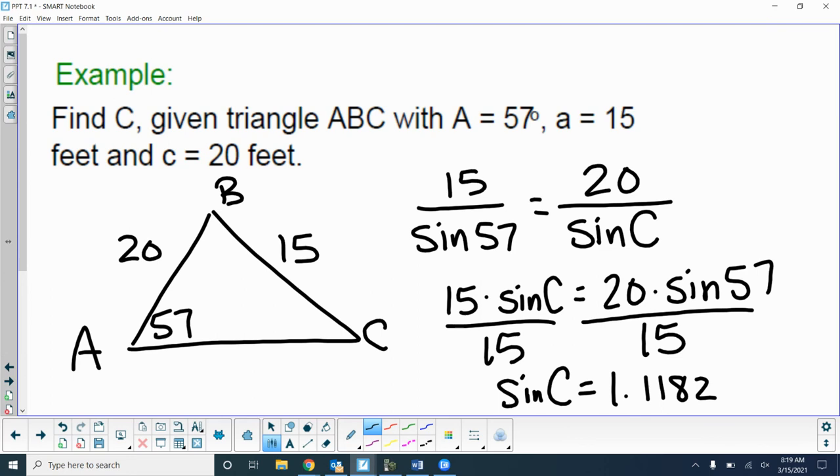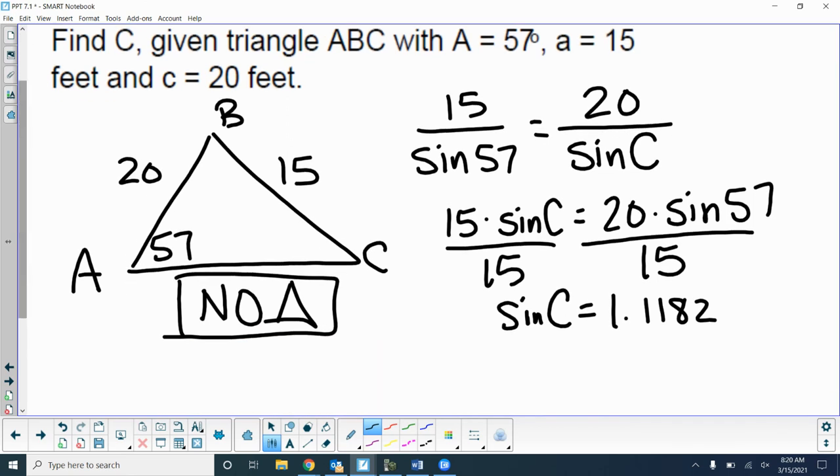These three sides won't meet. So no triangle. That'll happen sometimes. And the trick is, if you get the sine of some angle is over 1, it's not going to work. It won't be over 1.